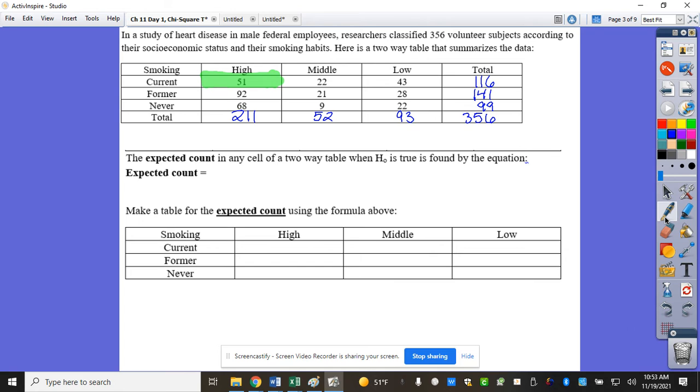Does anybody from bio remember what to do here? No? Row total times your column total relative to the whole, so divided by the overall total, the table total.